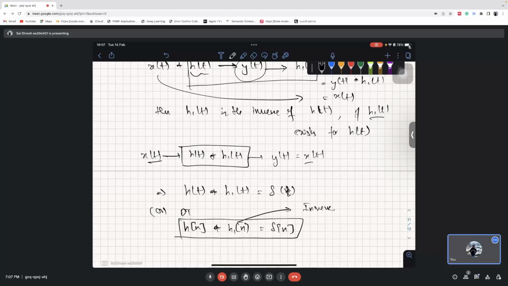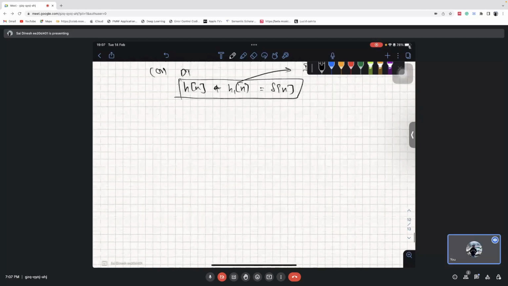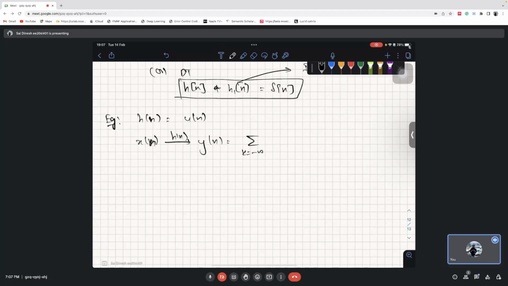Let's talk about an example of an inverse. Let's say you have h of n equal to u of n. In that case, for any x of n which goes through h of n, y of n would be the sum from k equals minus infinity to n of x of k, which is an accumulator function.